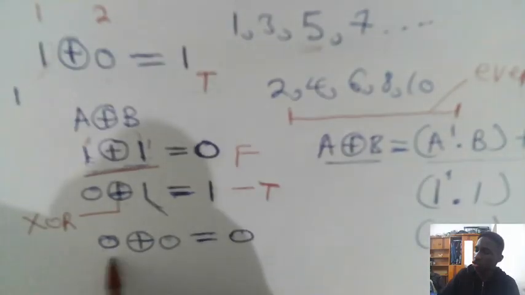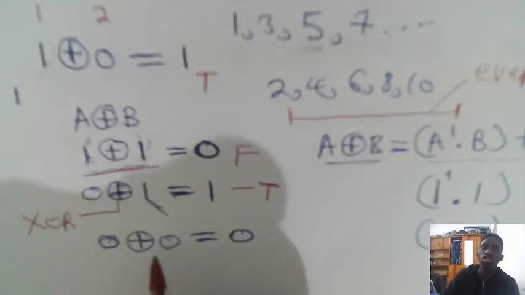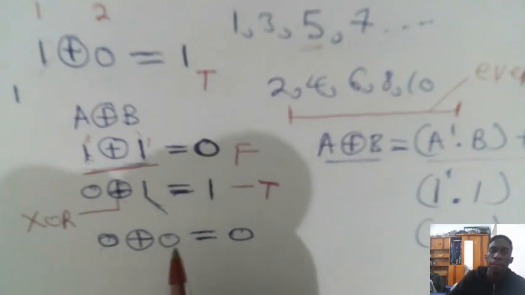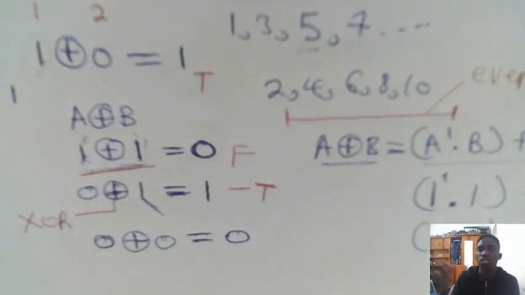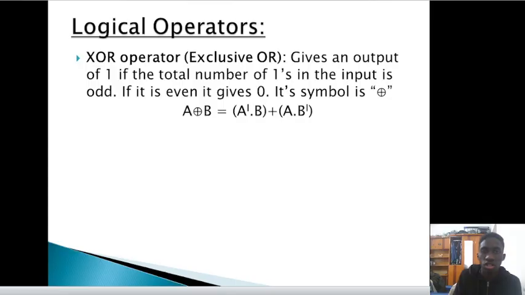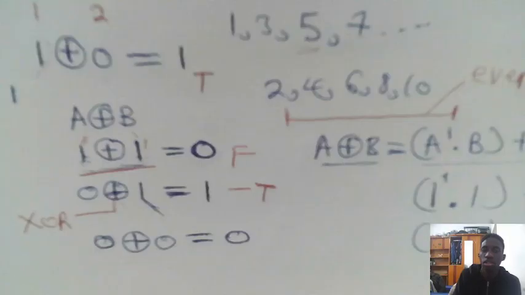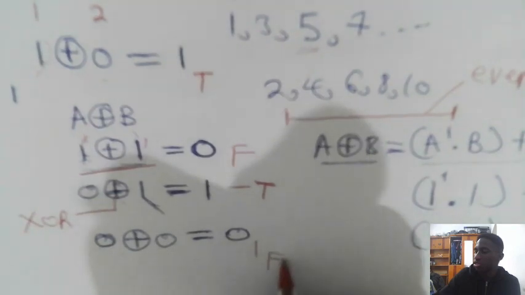And here we have no true value. 0 is not odd, and 0 is not even, so it still falls under not being odd, because the condition is that it must be an odd number of true values. If it's even, it gives you 0, or if you have no true values, it will still give you 0. So that's why our output here is false.